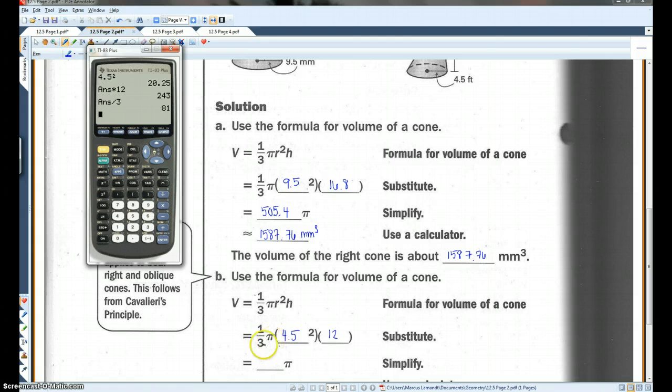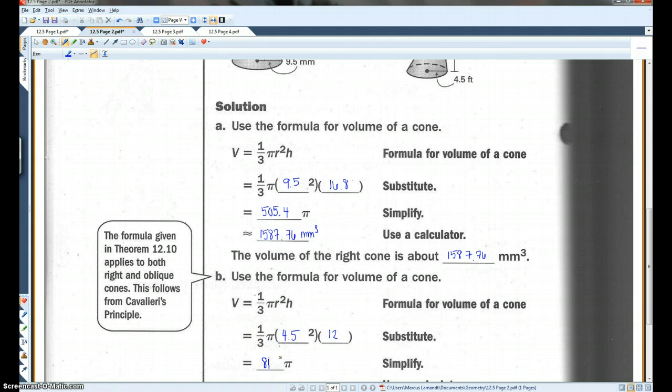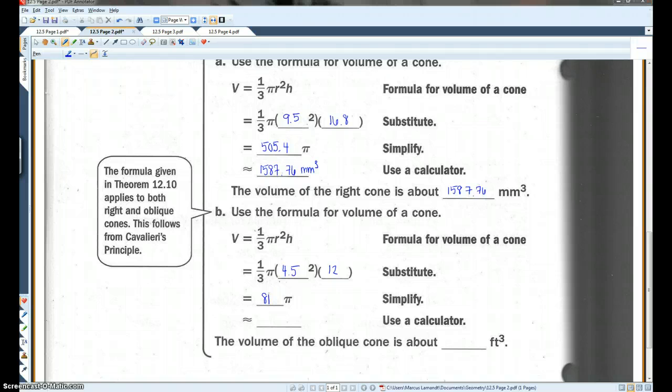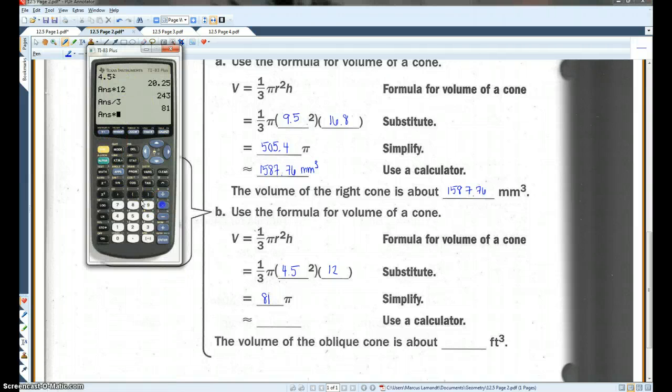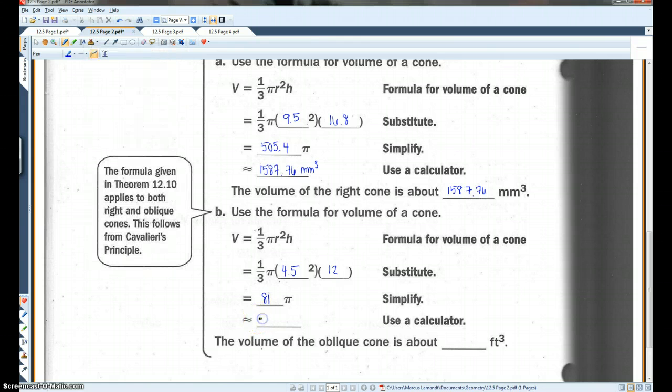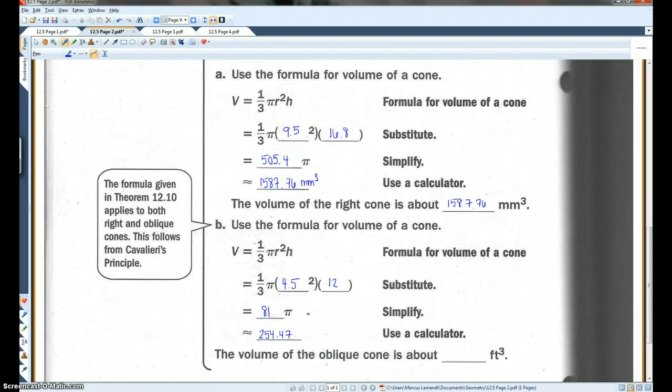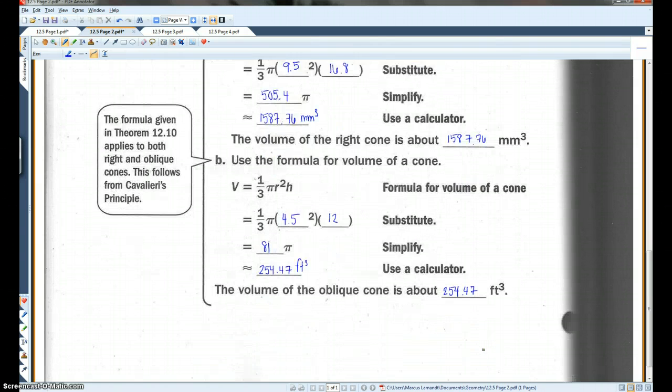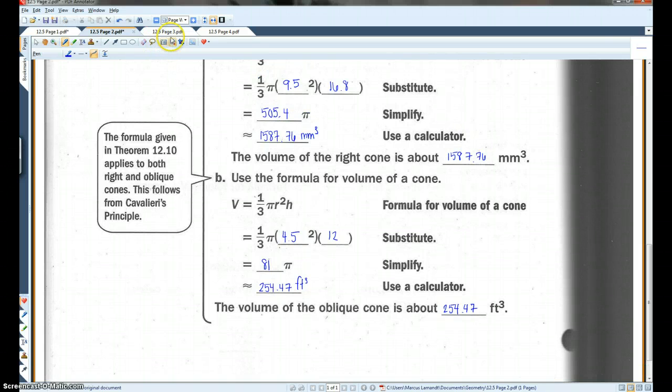We've got 81 pi, which is approximately 254.47, and this is feet cubed. So the volume of the oblique cone is about 254.47 cubic feet. Alright, let's go on to page 3.